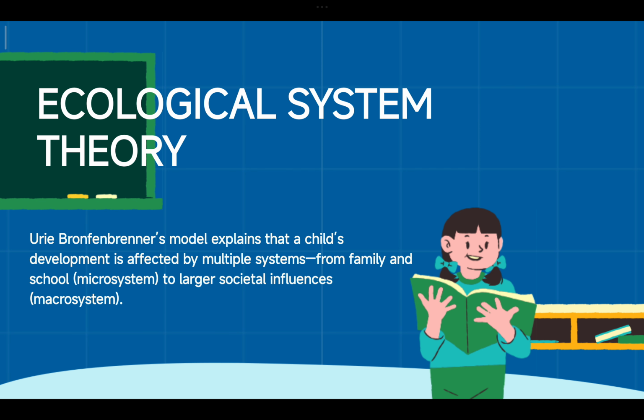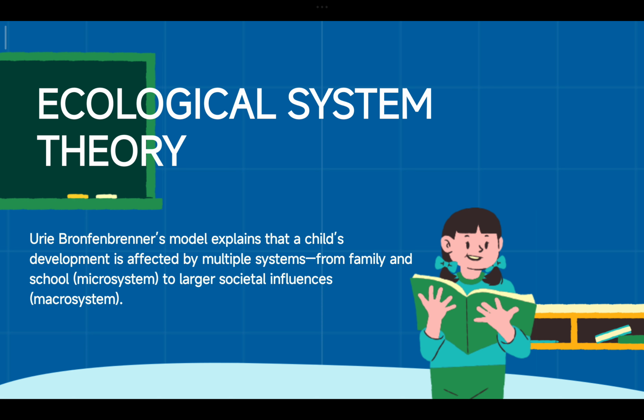Next, we have the ecological systems theory. Urie Bronfenbrenner's model explains that a child's development is affected by multiple systems, from the family and school, which we call the microsystem, to the larger societal influences, which we call the macrosystem.